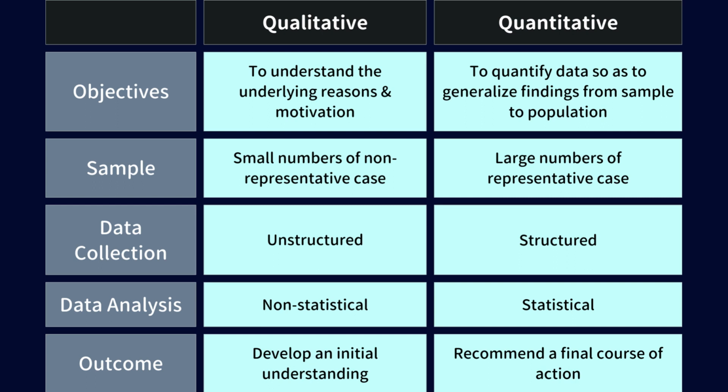And for data analysis, qualitative is non-statistical, but for quantitative, it is statistical. And the outcome of qualitative is to develop an initial understanding. But for quantitative, it will recommend a final course of action.